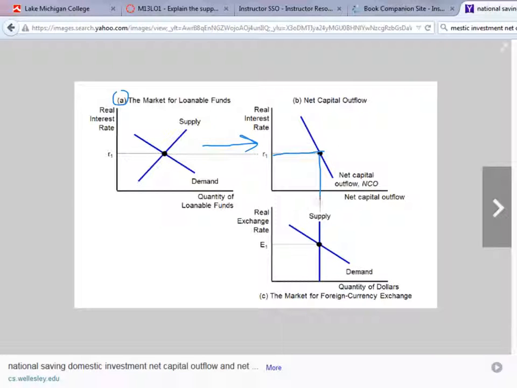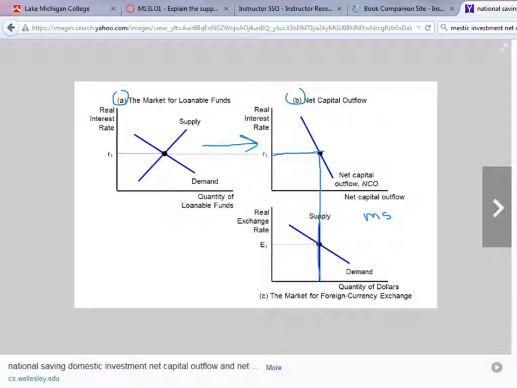If we drop that down, then we see that the supply of dollars, or the money supply, is perfectly inelastic. We've talked about that before in previous chapters. But the important part in this discussion is that panel B, net capital outflow, becomes the tying graph that takes the market for loanable funds and ties it into the real exchange rate.